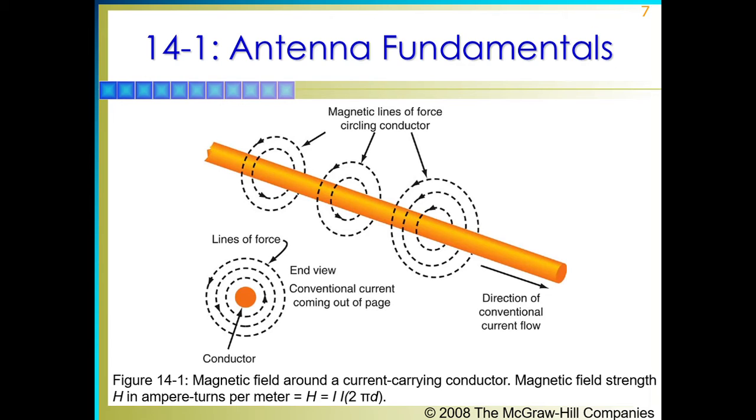The strength and direction of the magnetic field depend upon the magnitude and direction of the current flow. The strength of a magnetic field H produced by a wire antenna is expressed by H equals I over 2 pi d, where I equals the current with the unit ampere, and d equals the distance from the wire with the unit meters. The SI unit for the magnetic field strength is ampere turns per meter.